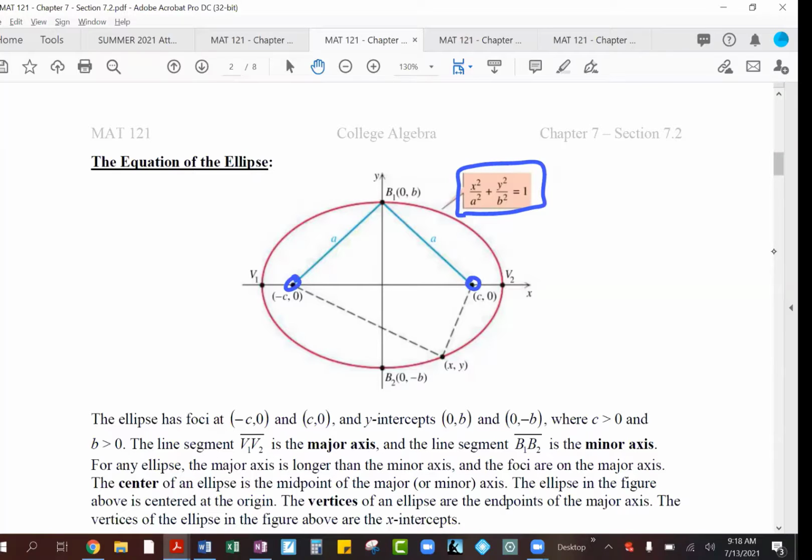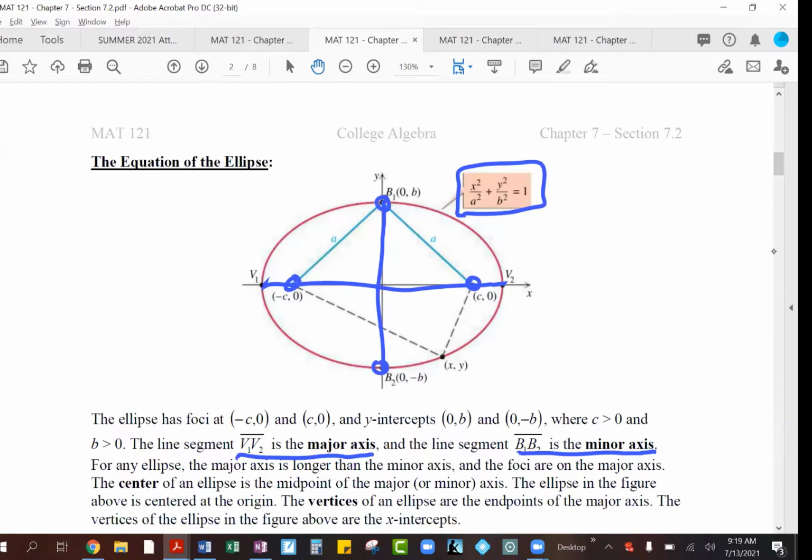So we call them positive c and negative c. And of course, as ordered pairs, they are (c, 0) and (negative c, 0). The longer axis is what we call the major axis. So that goes from point V1 to V2. So that's your major axis. The shorter one is called the minor axis. The endpoints of these are called vertices.